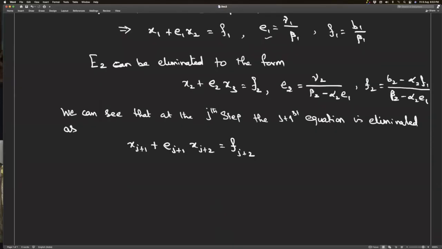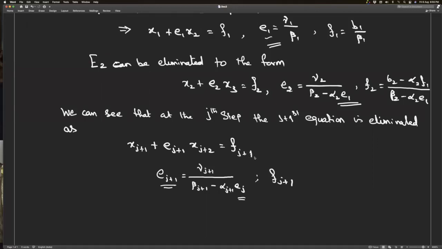Where you can check that E j plus 1 is equal to gamma j plus 1 divided by beta j plus 1 minus alpha j plus 1 into Ej, where Ej is already computed when we are at the jth step because it was computed in the previous step, just like how E1 was calculated previously when we were calculating E2. Similarly, here also when we are calculating E j plus 1, Ej is already calculated and we know it.